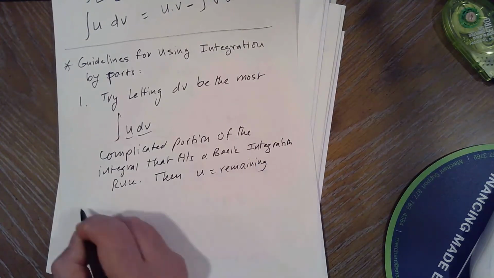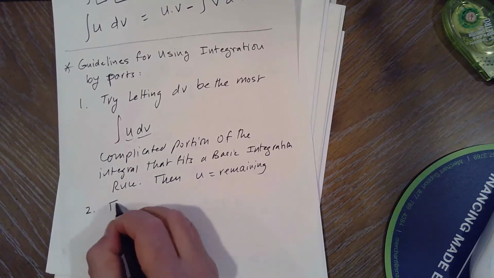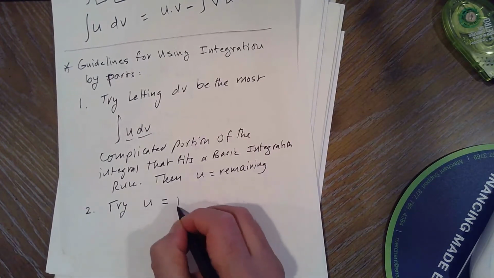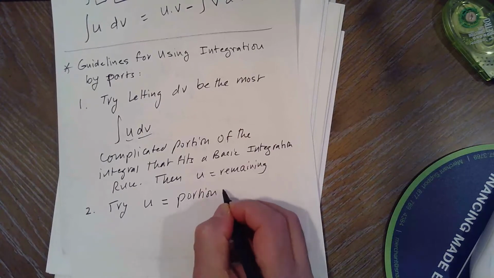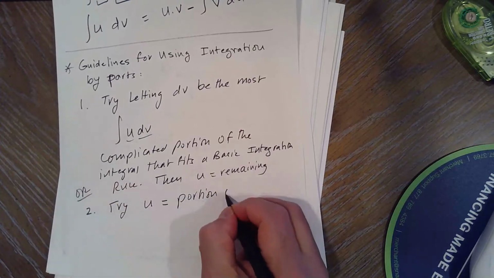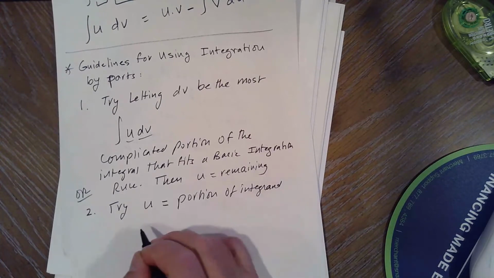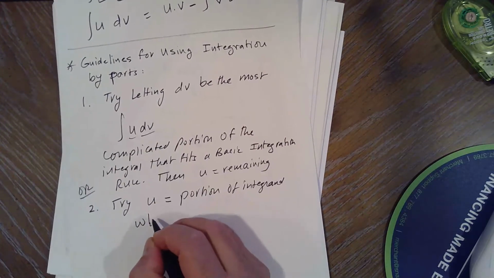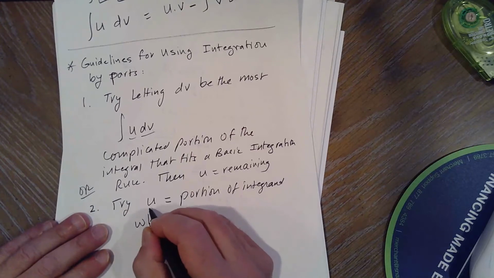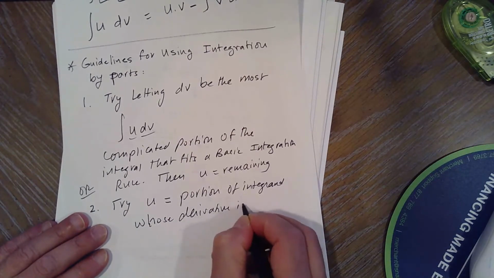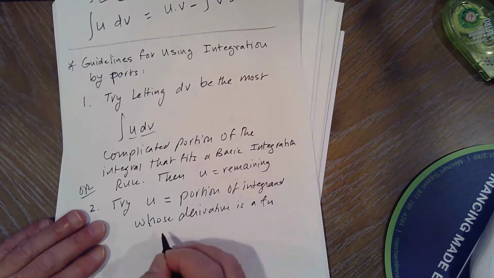Okay, try that. If that doesn't work, then you try letting u be the portion of the integrand whose derivative is a function simpler than u itself.